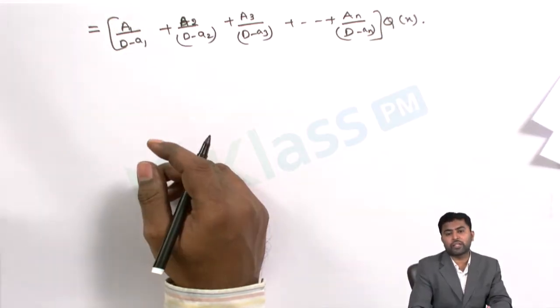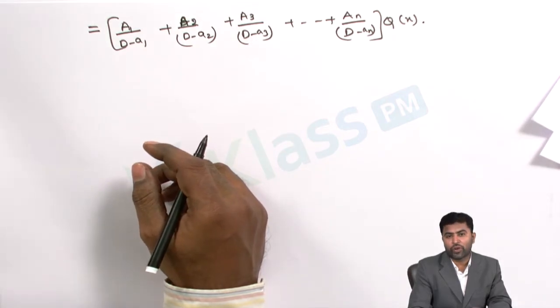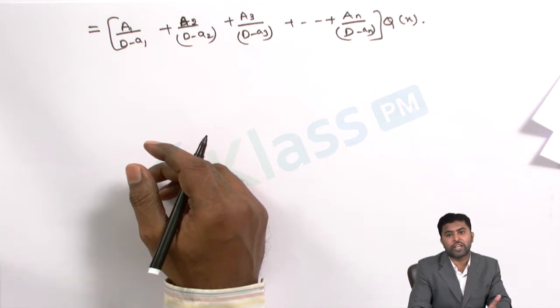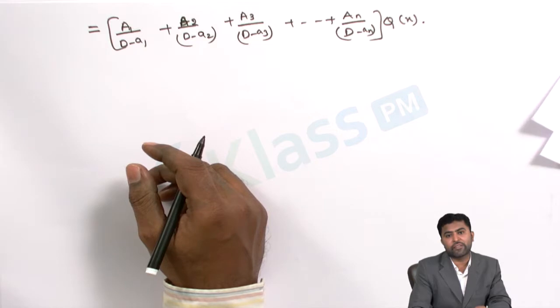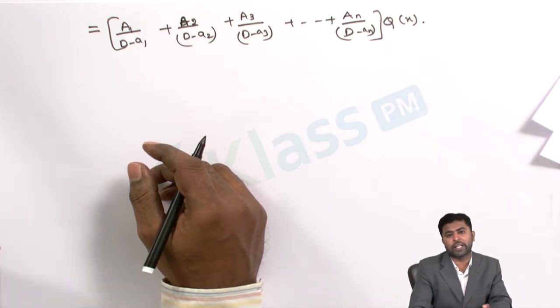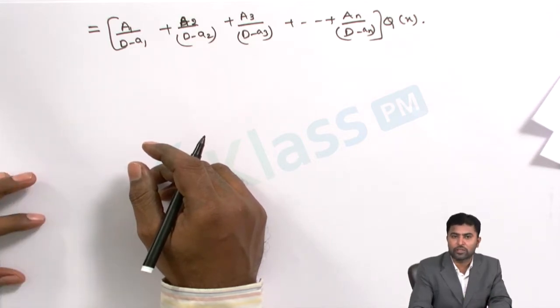y_PI we are writing as 1 by f of D Q of x. Then that f of D can be expressed as the product of n factors, so I am writing them as D minus a1, D minus a2, D minus a3 and so on. Then by using partial fractions, I am writing that as A1 by D minus a1 plus A2 by D minus a2 plus and so on, An by D minus an, into Q of x, right?